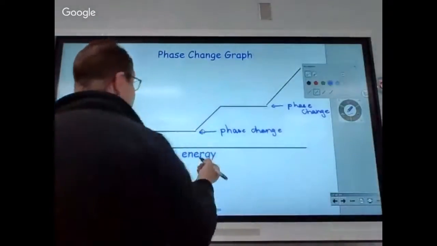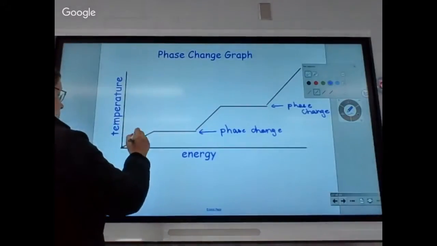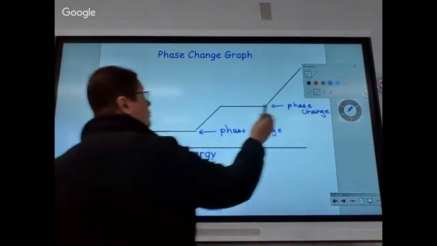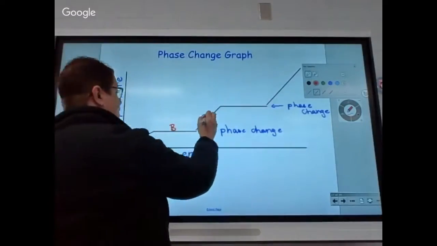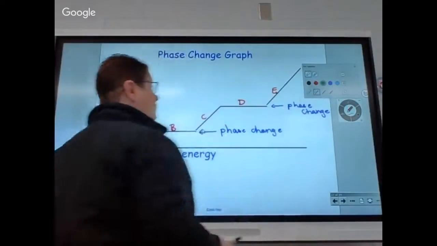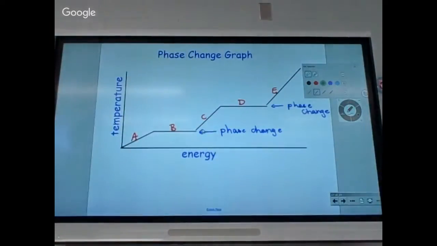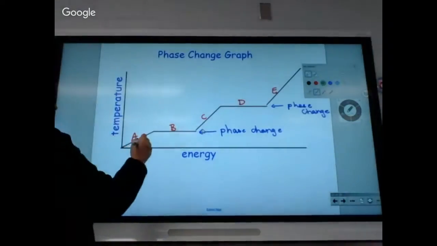So, for the sake of talking about them, I'm going to label this A, B, C, D, and E. A, being the lowest temperature, would be what state? Solid, liquid, or gas? Solid. That's right. So A is a solid.